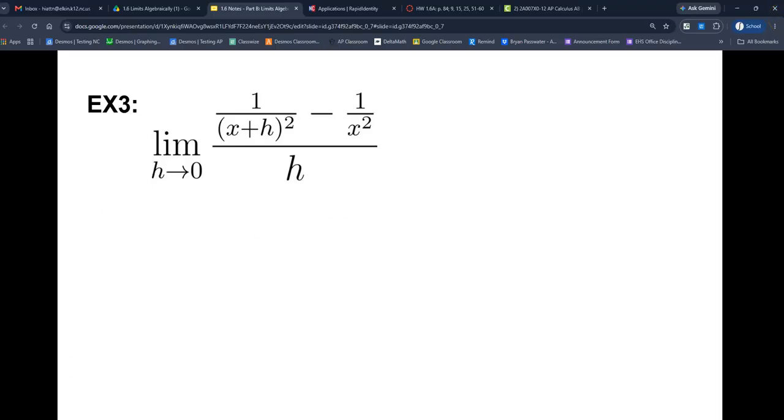So if I check this, I would have 1 over, what letter gets replaced with a 0? H, not the x. So I would have x plus 0 squared minus 1 over x squared, over 0. So only the h's are replaced with zeros, not all the variables, just the h's.